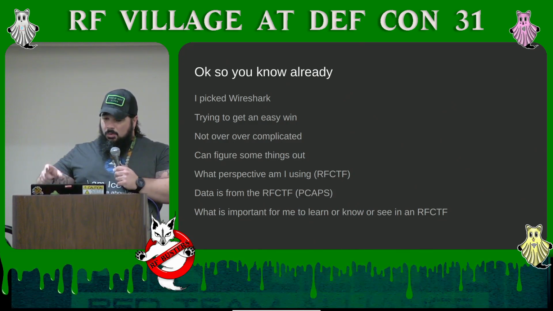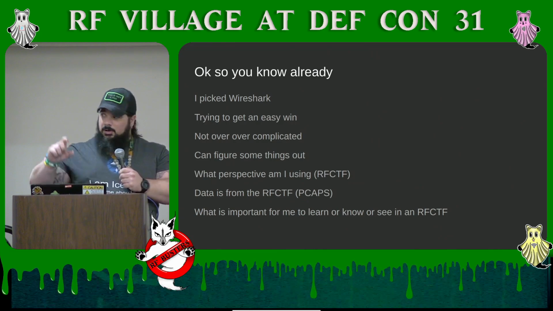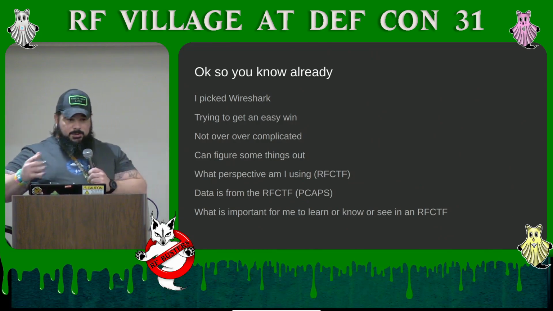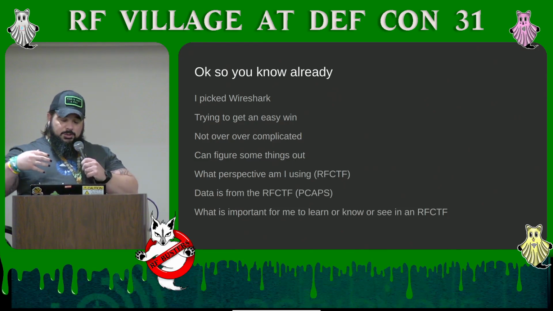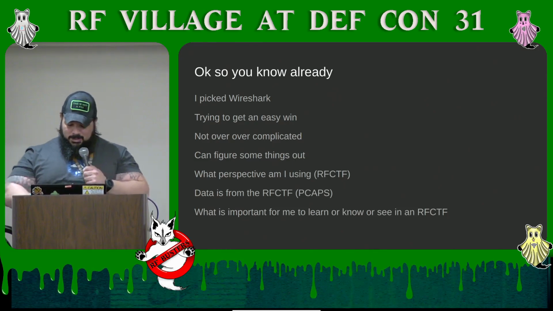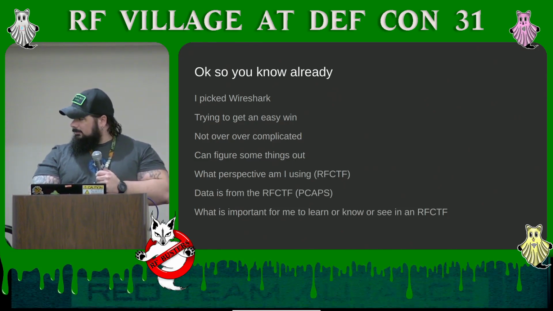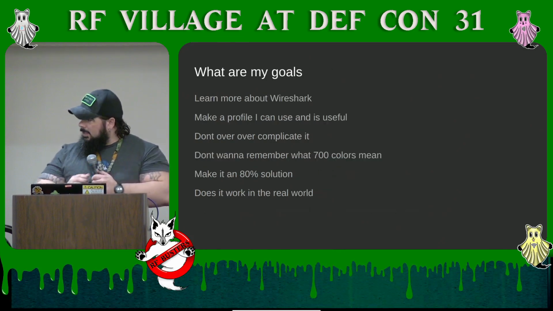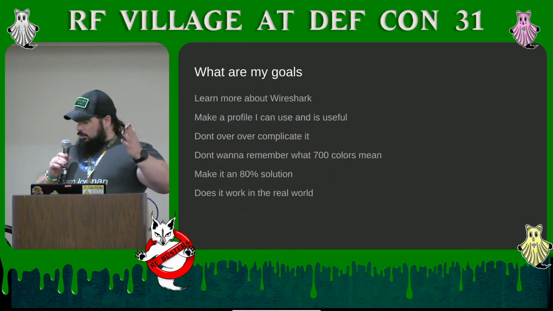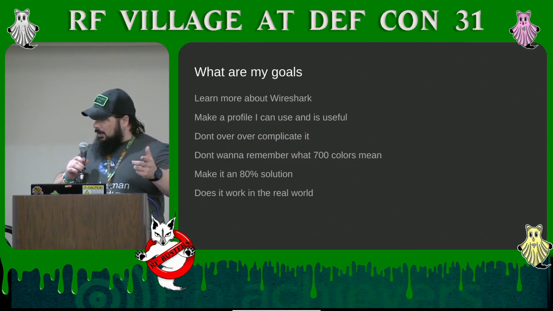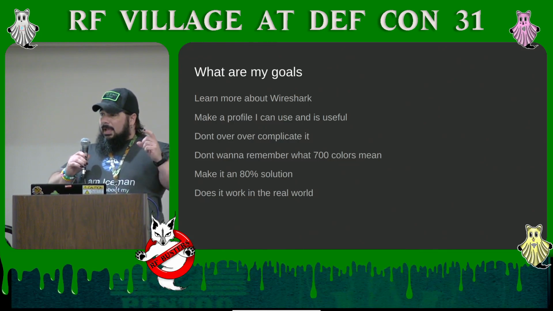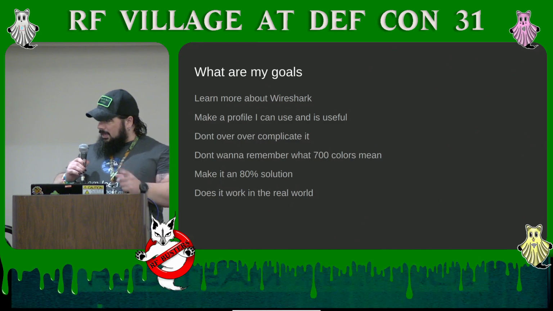And I want to do it from a red teamer RFCTF competitor perspective. What are the things that are specifically important to me? So, learn more Wireshark, make this profile that is useful. Again, no overcomplication.